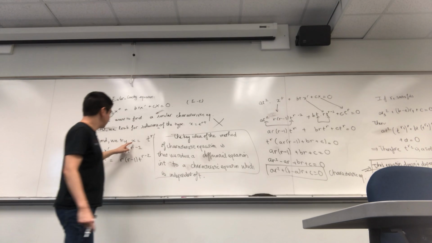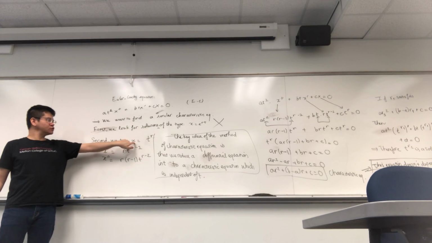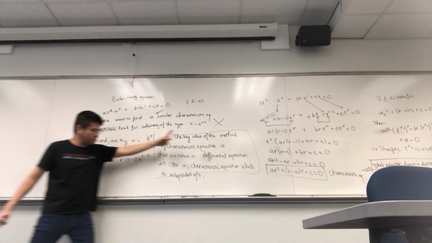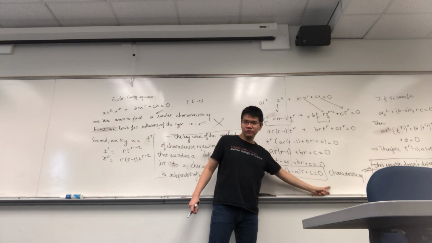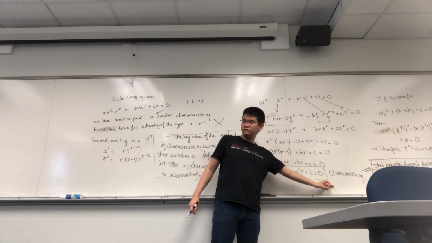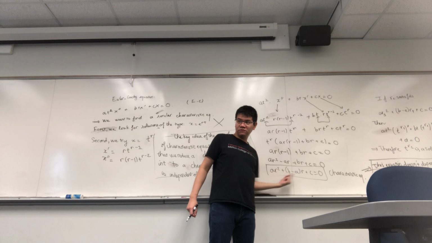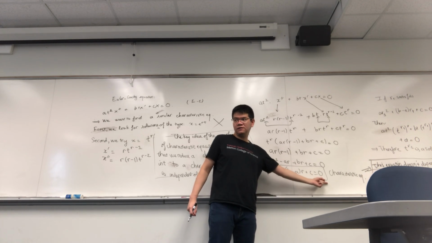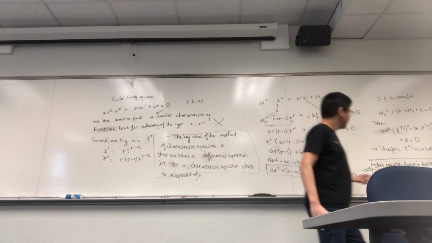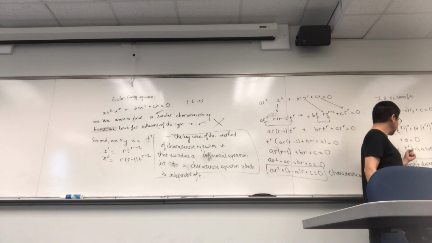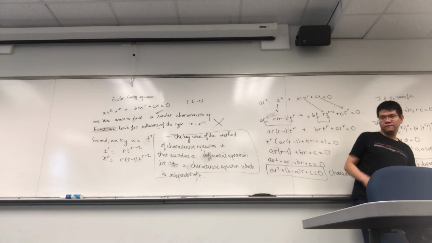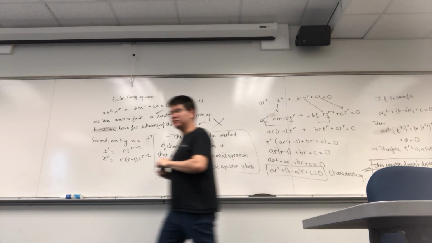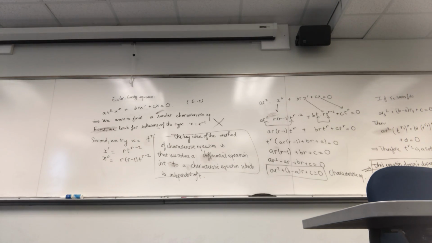So we find a solution of the type t to the r. You plug it back into the equation, you get this equation. This equation is an equation for the constant r, and you can solve it. And you find r explicitly, and then you plug it back, you get t to r1 is the solution, right? Questions? Is it clear?